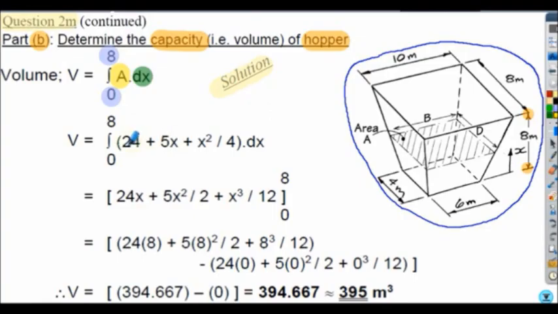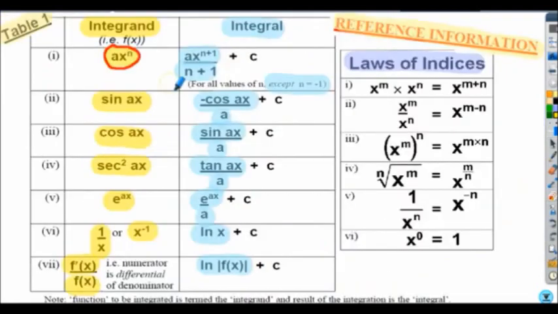So from our previous slide, part A of the solution, we have the expression for area, so integrating 24 plus 5x plus x squared divided by 4 with respect to x between our limits of 0 and 8 meters. I'll let you undertake the integration process and the simplification. And as in the previous question, we're using the ax to the n format for the integration process here.